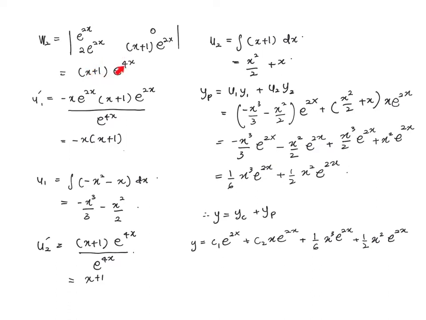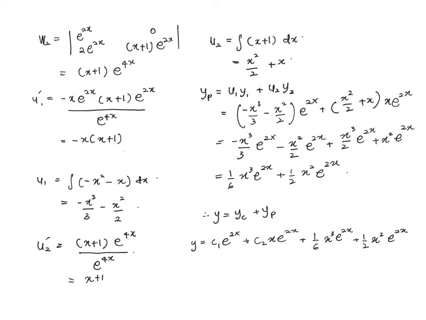So, we get this one. Next is find u1 prime. Okay, so u1 prime, the formula is W1 over W. So simplify, we get negative (x plus 1).